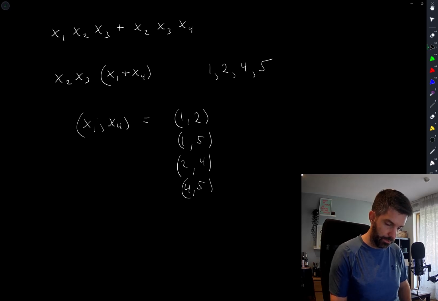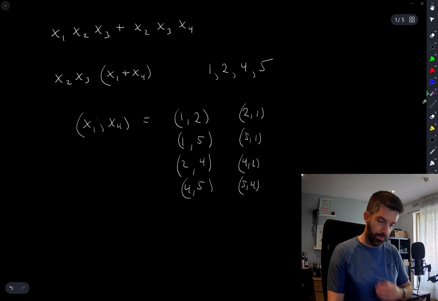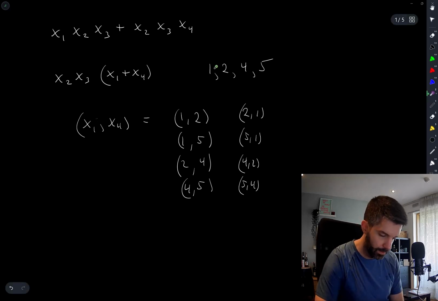And of course all the ones in the opposite order like so. Is that all that there are? 1 can be paired with 2 or 5. 2 can be paired with 4, and that's it. 4, we've already paired it with 2, it can be paired with 5.